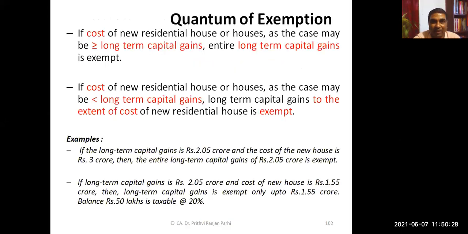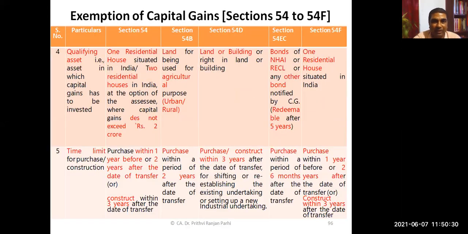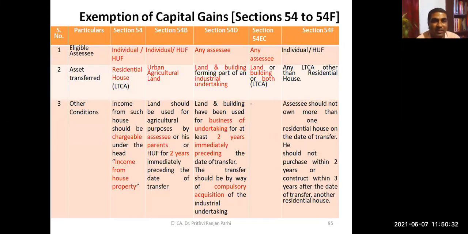Okay, if I show you quickly a comparison, you can have a comparison like this. 54, 54B, 54D. Only these 3 things, now you watch. First case, it is allowed to individual and HUF. Second case, individual and HUF. Third case, any assessee. Which assets are to be transferred? Here, residential house, that will be a long-term capital asset. 54B, urban agricultural land. 54D, land and building forming a part of an industrial undertaking.